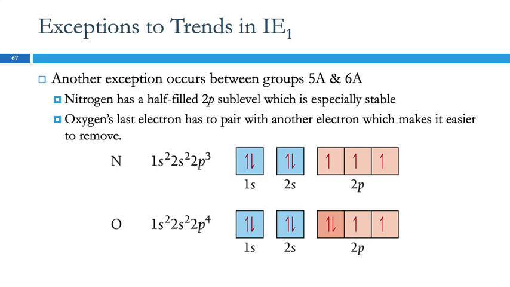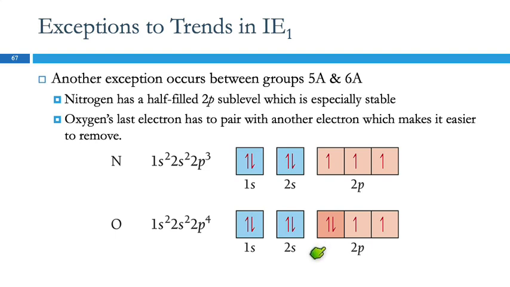There's another exception between 5A and 6A. So here's nitrogen, group 5A, oxygen, group 6A. Orbital diagrams. So for nitrogen, I'm losing an unpaired electron. This sublevel here is exactly half full, and that's kind of like a bonus situation. There's a coupon that saves you on the hotel fees if you have half-filled or completely filled rooms.